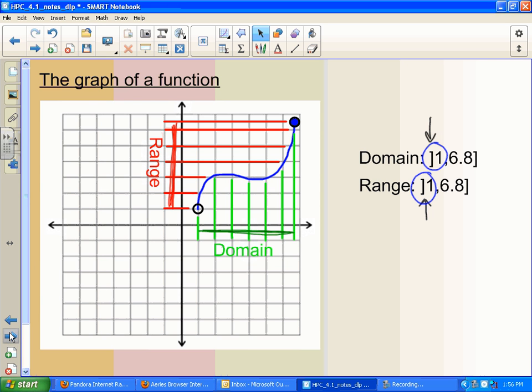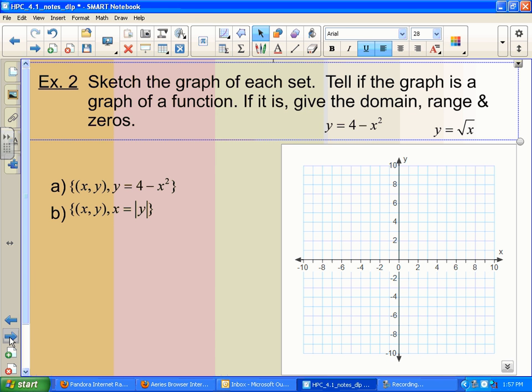Now, if I were to ask you, does it have an inverse? Well, now we have a problem, because an inverse function has to pass a horizontal line test. Give me a pin. If I went right there, I'm intersecting the graph more than once horizontally. That means I will not have an inverse. But anyway, that's stuff to come. Just giving you a preview of what's coming down the road.